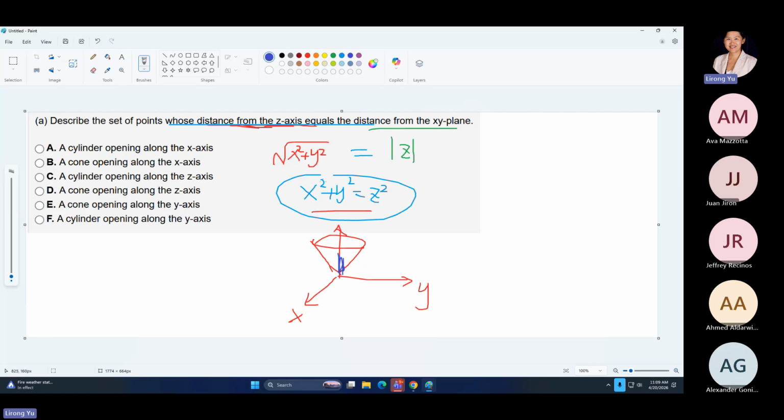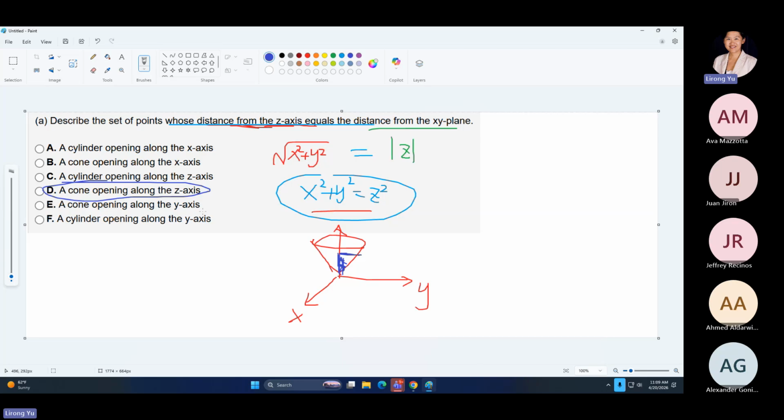So it basically says this equals this, meaning the angle in the cone is 45 degrees. It's a 45-degree cone, so we would say the cone opens along the z-axis.